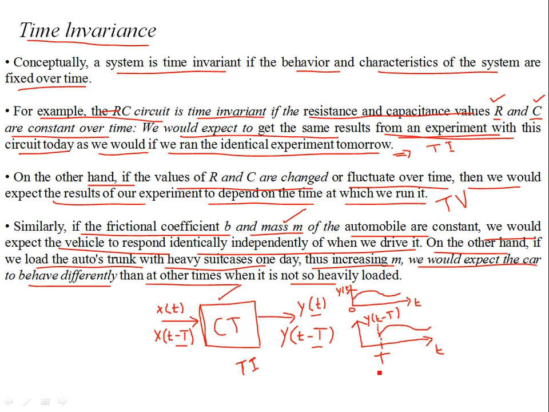Okay, then the thing is, if I put it like this, an input is x1(t) and the output is y1(t). At another instant you apply an input x2(t) and you have an output y2(t).